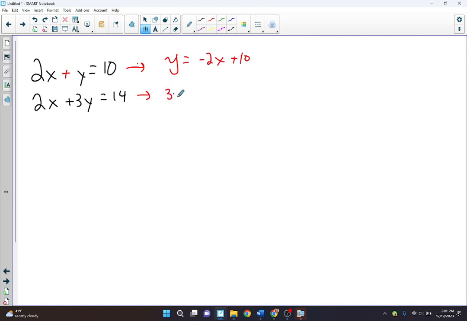And 3y equals negative 2x plus 14. I'm going to divide by 3 on both sides, so y equals negative 2/3 x plus 14/3. So you could use elimination, or you could use the calculator. Since you're going to plug it into the calculator, you could just leave it as 14/3.